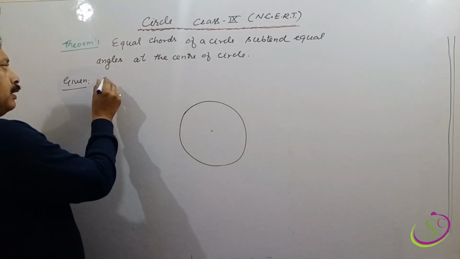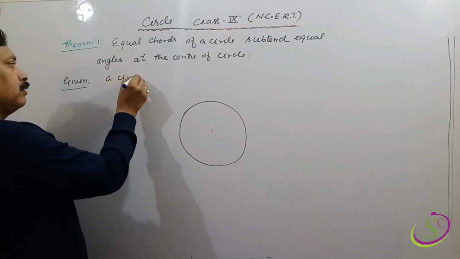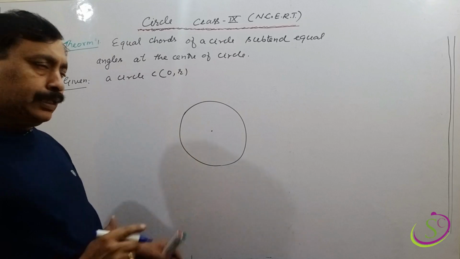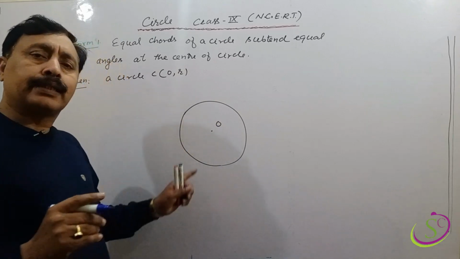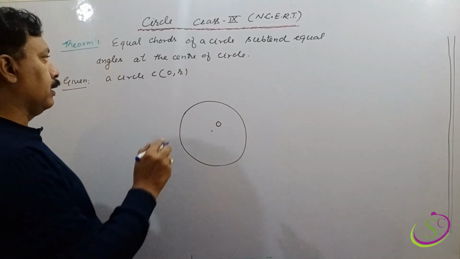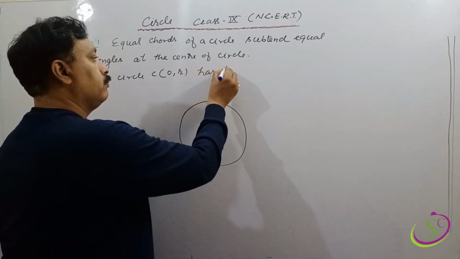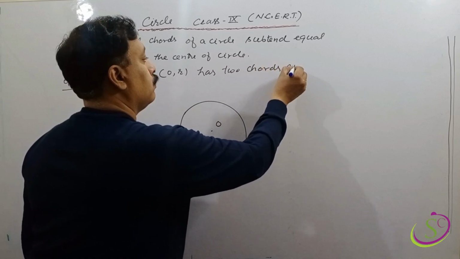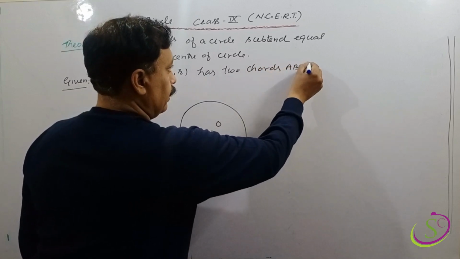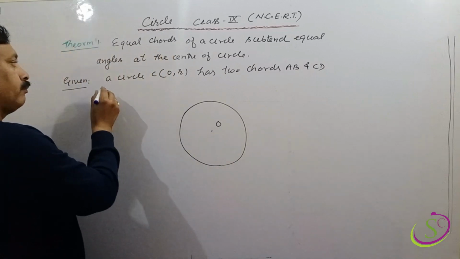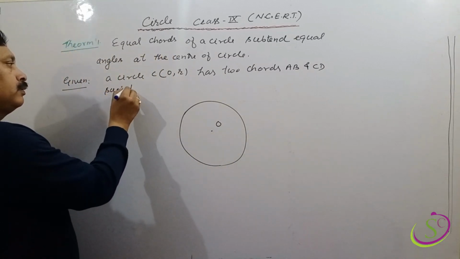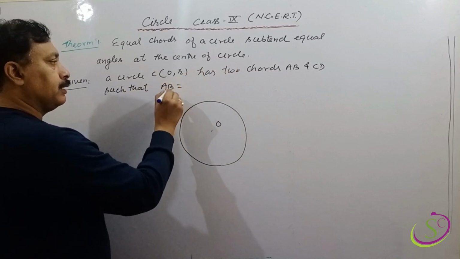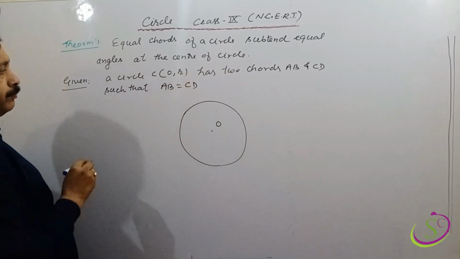Given part is yani a circle C O comma R. Means the circle having center O and radius of this circle is R, has two chords. What chords? AB and CD, such that both the chords AB and CD are equal.